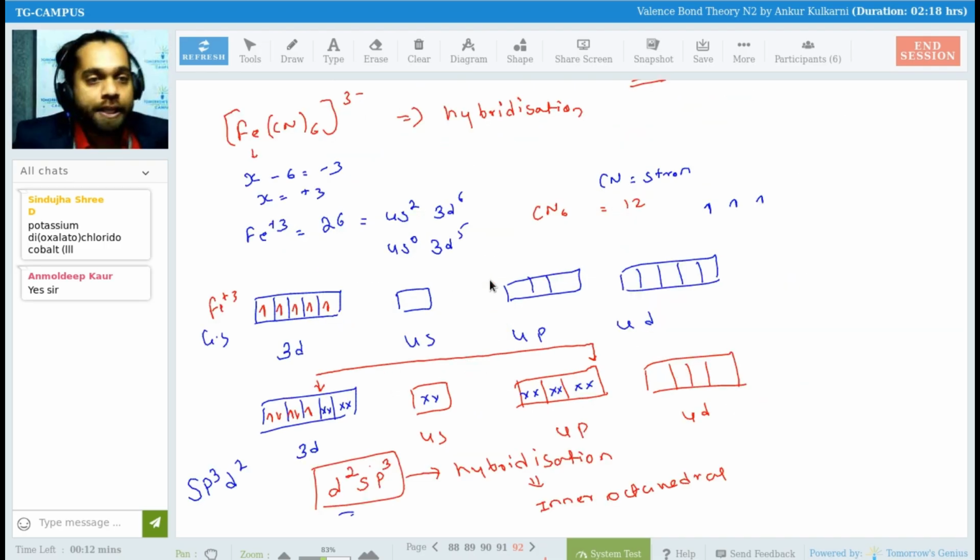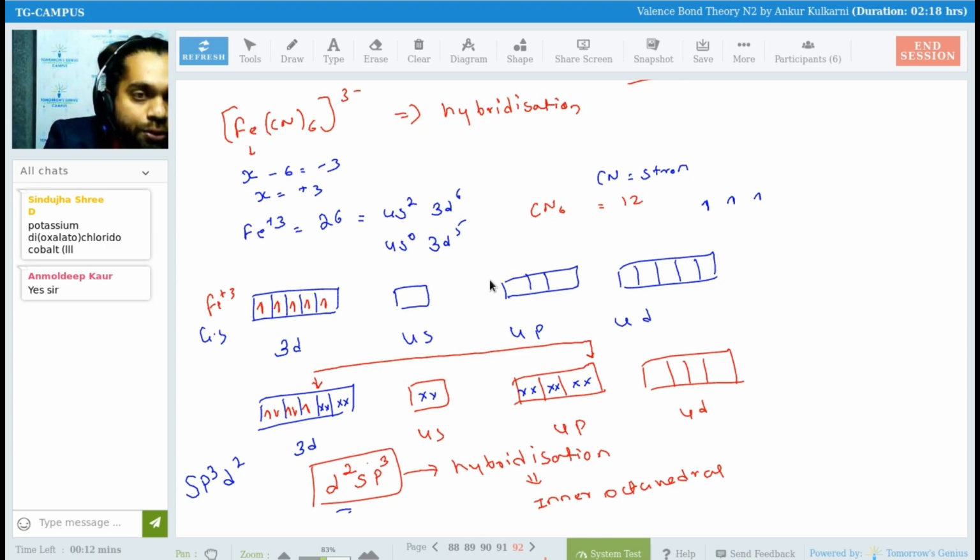Write this down, the VBT. Yes, Jason. Sir, there is a lone pair in the 3d orbital, sir. What happened? There is a lone pair in the 3d, sir. So that will remain as it is. That is what I'm saying. You do not have to fill electrons like this, like 1, 2, 3, 4, then 5, 6, 7, 8.